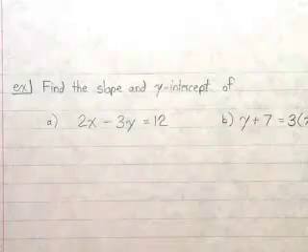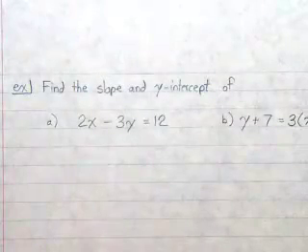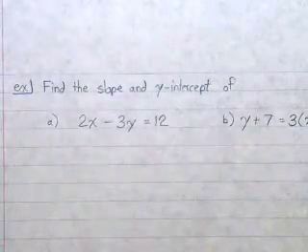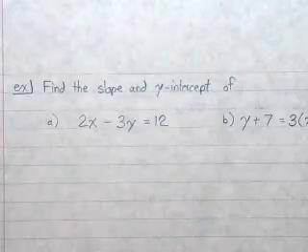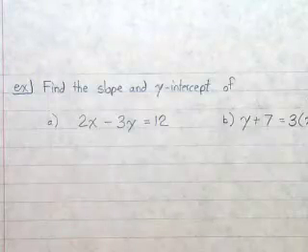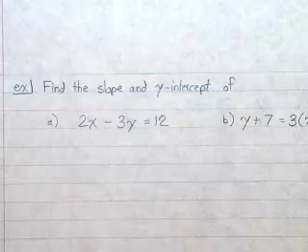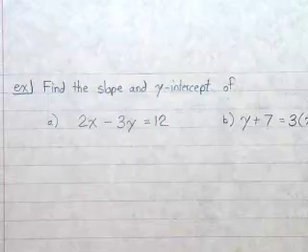Okay, so 2x minus 3y equals 12, y plus 7 equals 3 times x minus 1. We want to find the slope and the y-intercept. So what do you think is going to be the strategy to answering this question then? Those are the two things that I'm looking for, the slope and the y-intercept.